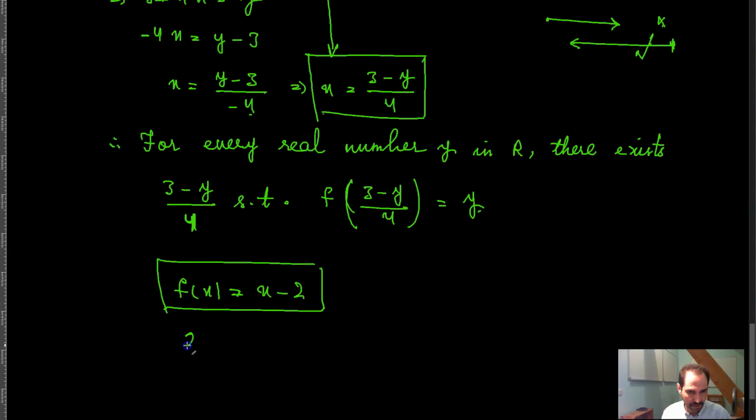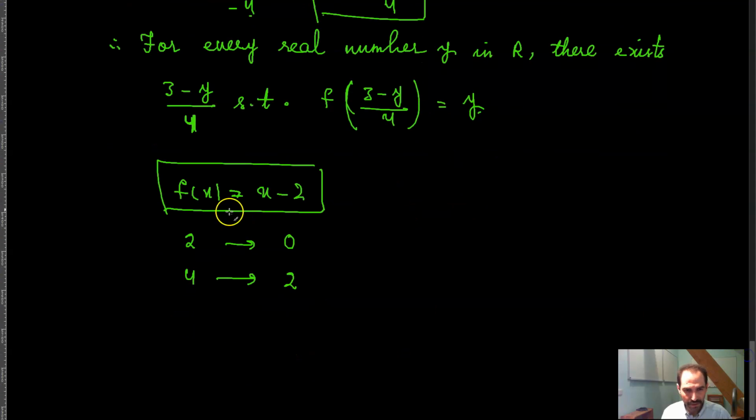Meaning that if I give it a 2, it subtracts a 2 from this 2, it gives me a 0. If I give it a 4, it subtracts a 2, it gives me a 2. If I give it, for example, a negative 2, it subtracts a 2, it gives me a negative 4, and so on and so forth.